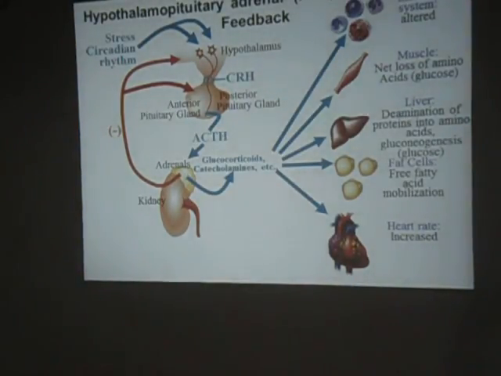So this diagram, it would be nice if you are able to reproduce these things. How the immune system is altered, net loss of amino acids, gluconeogenesis is taking place, free fatty acid mobilization.